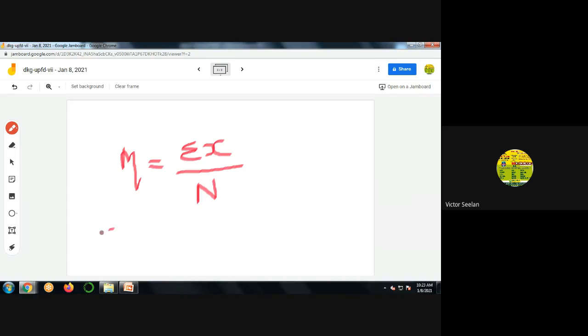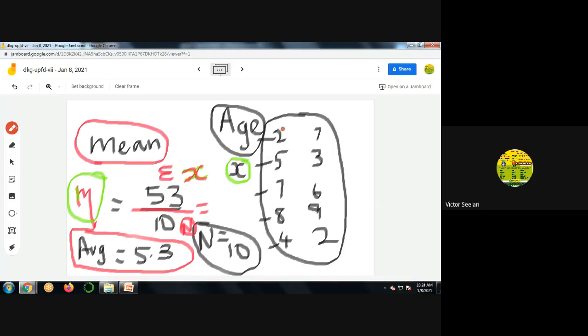How many x's are there? There are 10 x's: x1, x2, x3, x4, x5, x6, x7, x8, x9, x10.